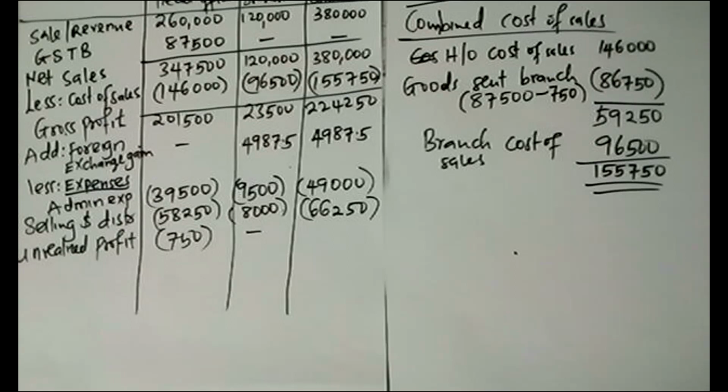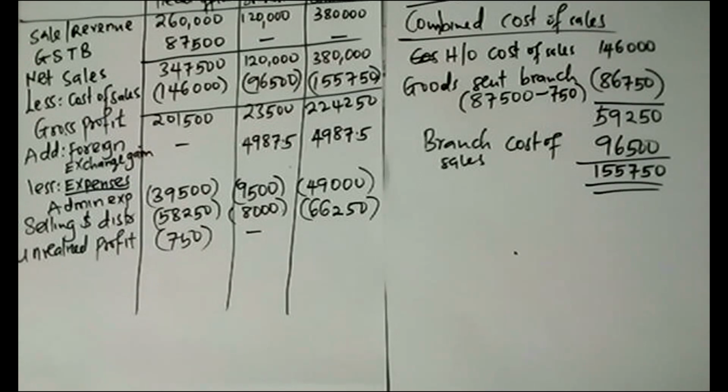So which means that the head office profit is overstated by what the branch never realized on the goods it received from that head office and which were never resold entirely by the end of the year. So you have to look for the unrealized profits so that you minus from the profit of the head office so that you avoid overstatement.